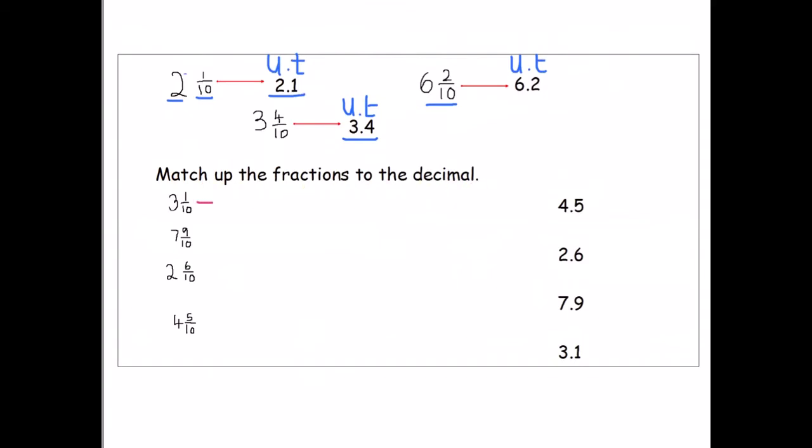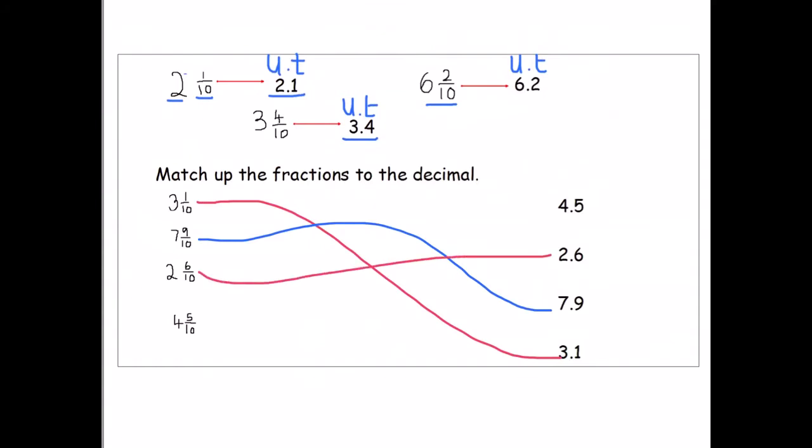So 3 and 1/10, 3.1. 7 and 9/10, so it's 7.9. Then we have 2 and 6/10, which is 2.6. Our final one, hopefully it matches up, 4 and 5/10, 4.5. Yes, they do match up.